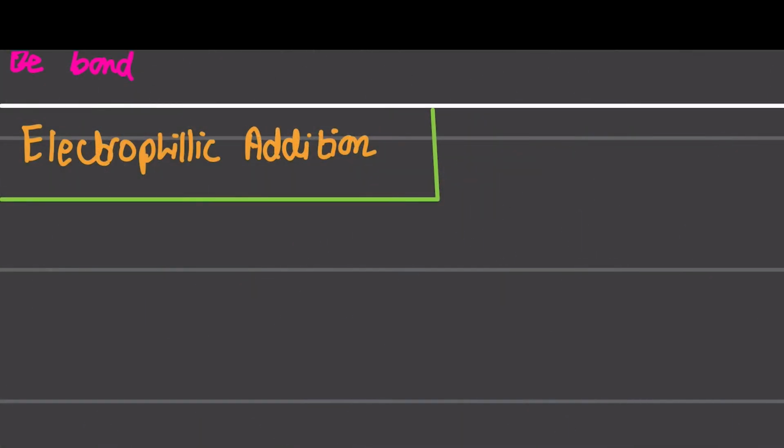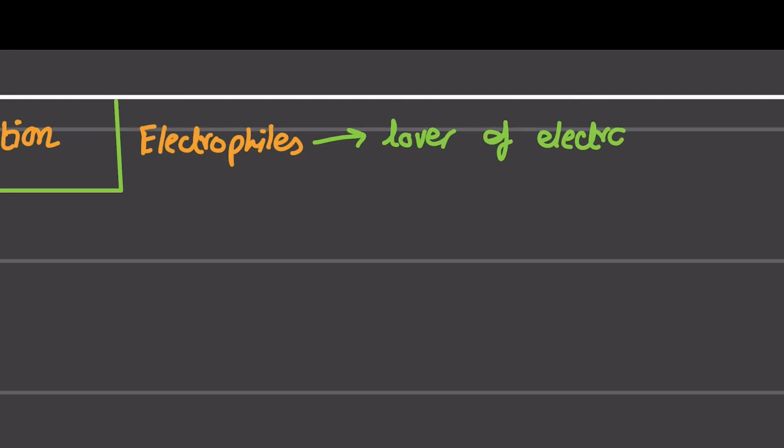Okay guys, so in the introduction, I want to talk to you about two things. Firstly, what electrophiles really are. An electrophile is a lover of electrons. It just loves electrons a lot.